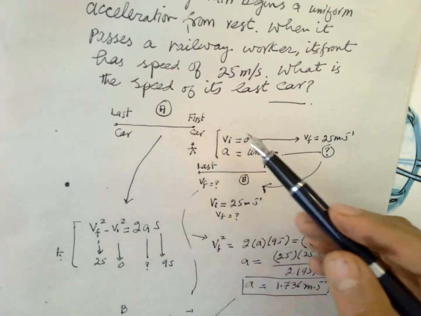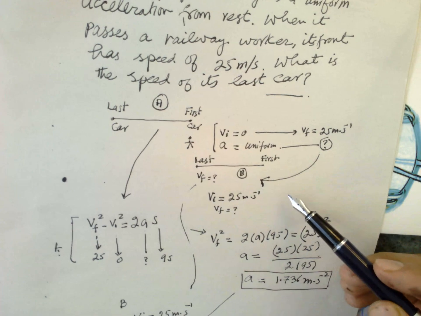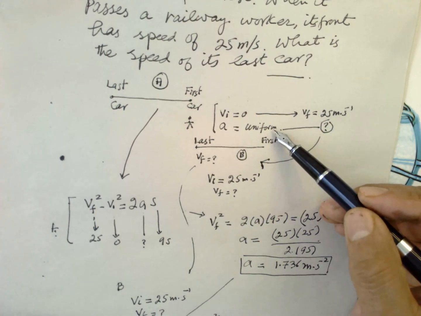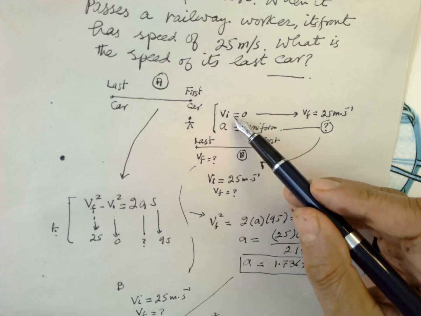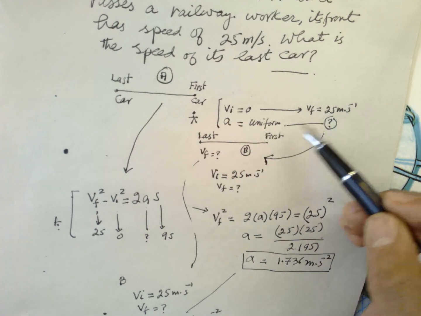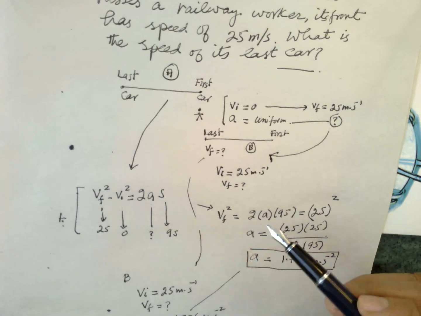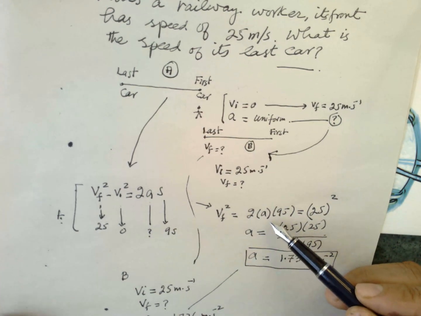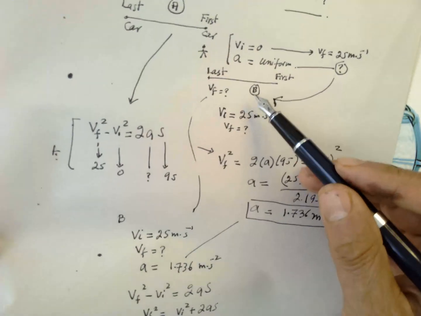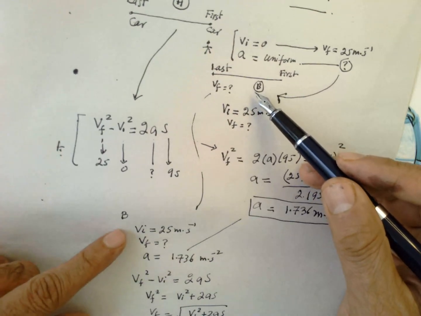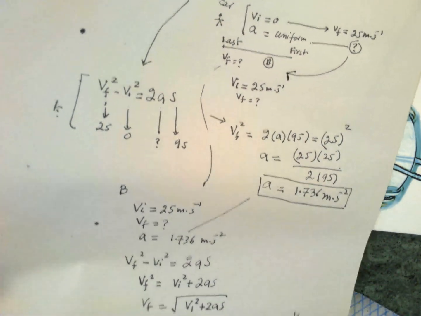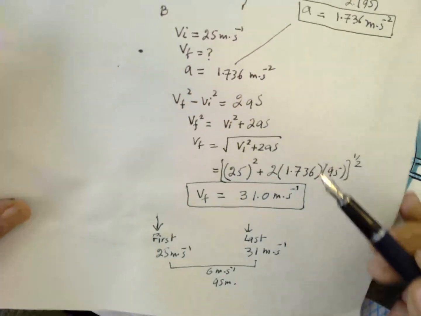It can be done in two parts, first A and B. In A, we have to find acceleration because it's uniform, substituting Vi is equal to 0 and Vf is equal to 25. When you find acceleration, then substitute this acceleration to find the Vf again. But in situation B, Vi is 25 and Vf we have to find, and then we can find out the value of the final velocity of the last car.